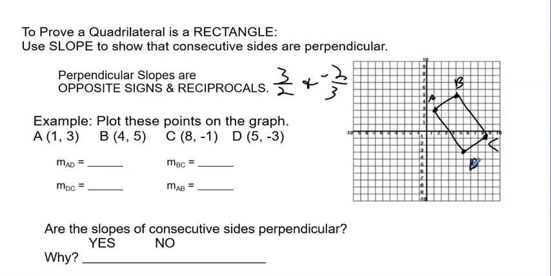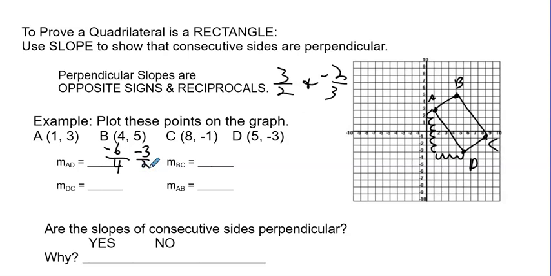So let's do AB. Well, let's do AD like it says on there. So AD, we're going to count. 1, 2, 3, 4, 5, 6. Down 6. Right 1, 2, 3, 4. So that reduces to negative 3 over 2.